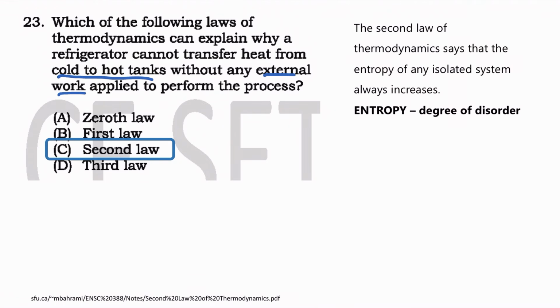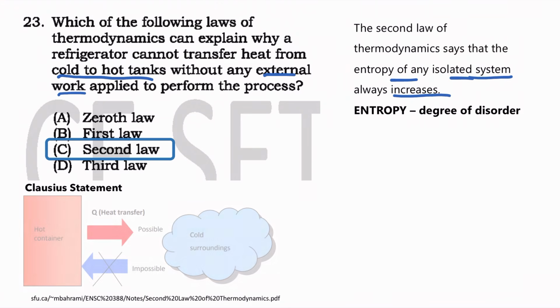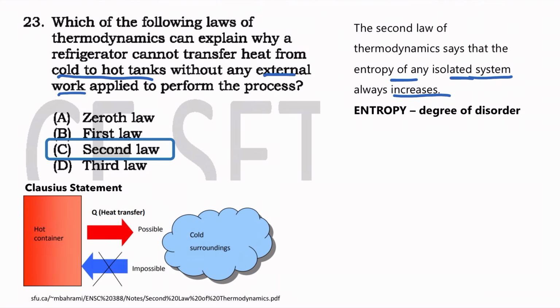So, yung second law of thermodynamics says that the entropy of any isolated system always increases. Yung entropy, yun yung degree of disorder. So, related din doon yung closure statement. So, itong tanong na to, yung cold to hot, bawal daw yun mangyari without external work. Kailangan mag-apply ka ng work para makapag-transfer ka ng heat from cold to hot tanks.